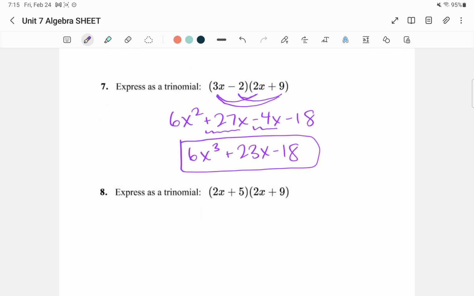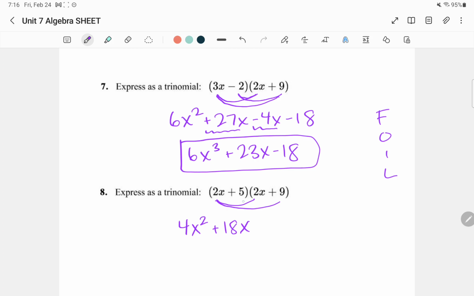All right, let's go over number 8. So my first is going to be 2x times 2x, which is 4x squared. All right. So that was first. Actually, let's write FOIL. That helps. So first, outside, inside, last. So we did the first. Now the outside would be the 2x times 9, which is 18x.